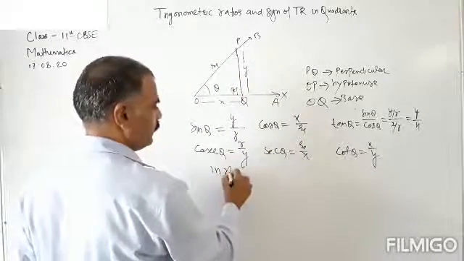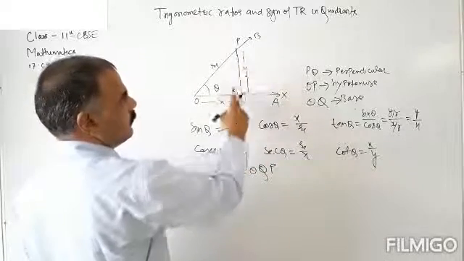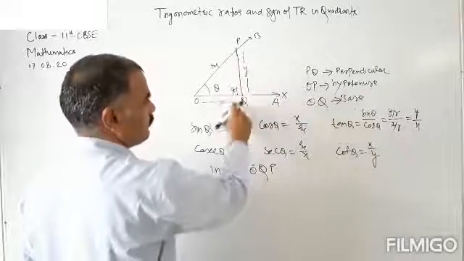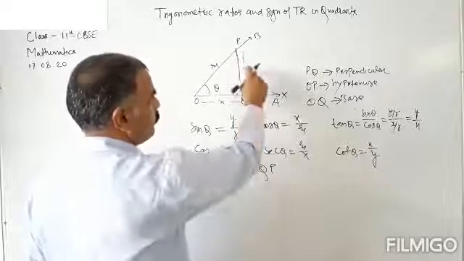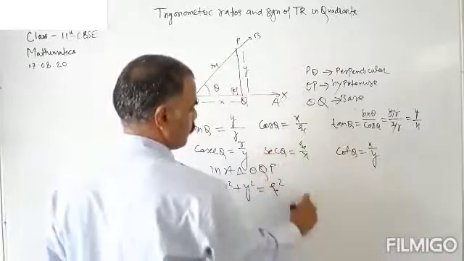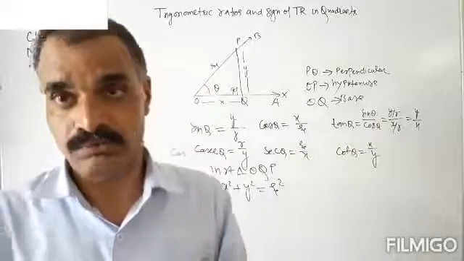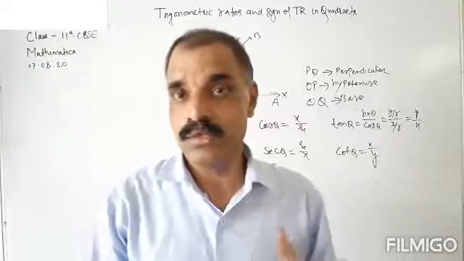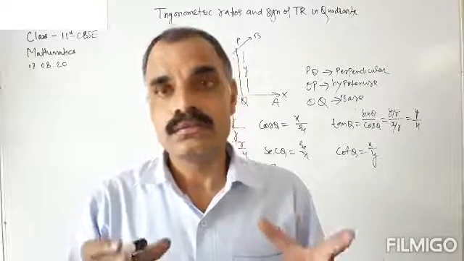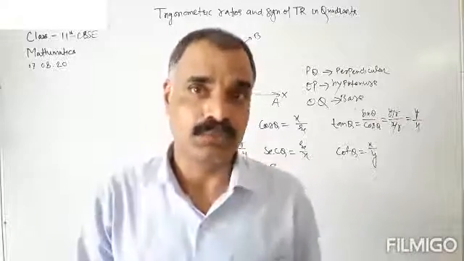In right triangle OQP, the sum of the squares of the base and the perpendicular equals the hypotenuse square. X square plus Y square equals R square, using the Pythagoras theorem. That means the sum of the squares of two sides is the square of the third side, the hypotenuse.